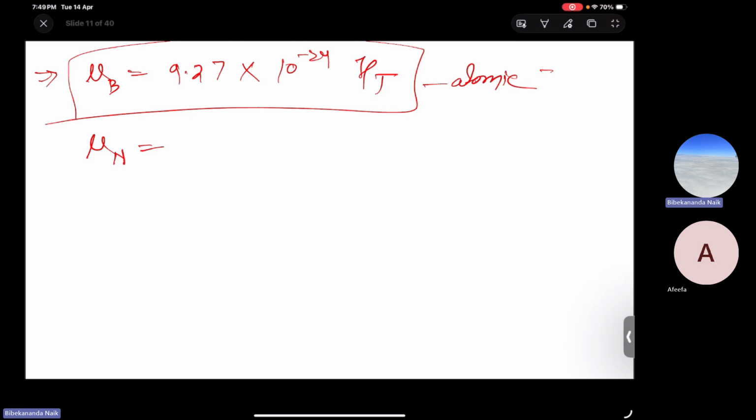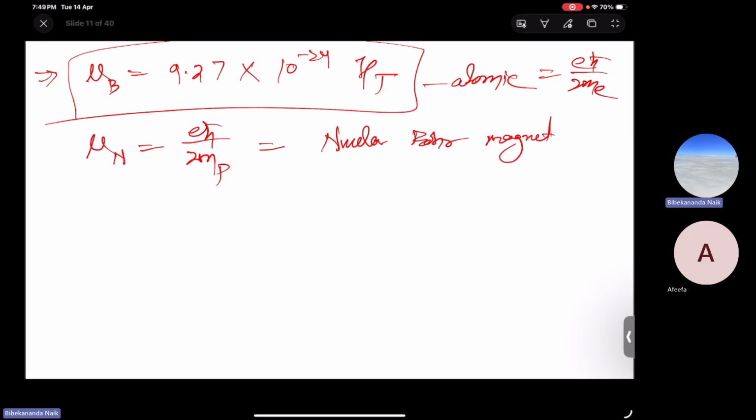So this is eh cross by 2me, and this is eh cross by 2mp. This is called the nuclear Bohr magneton.